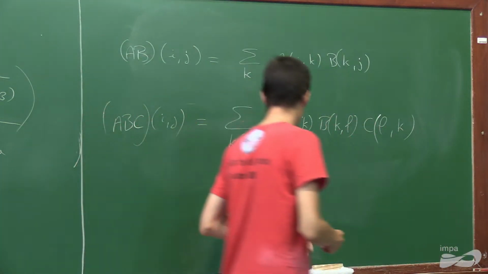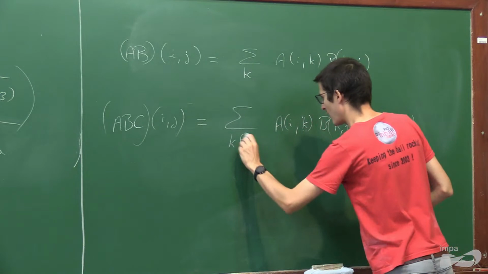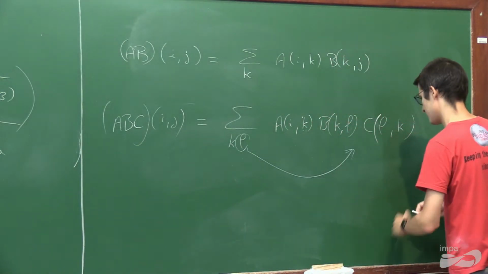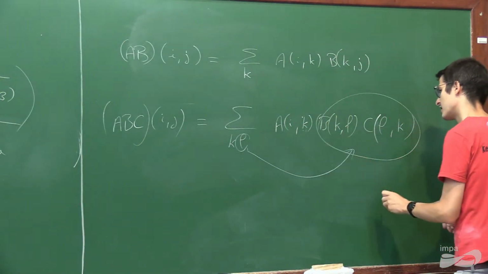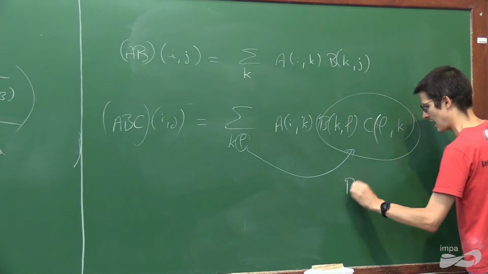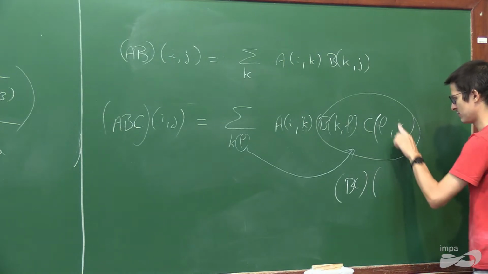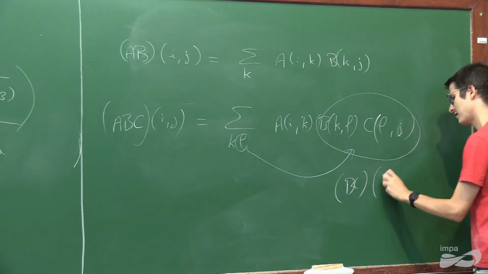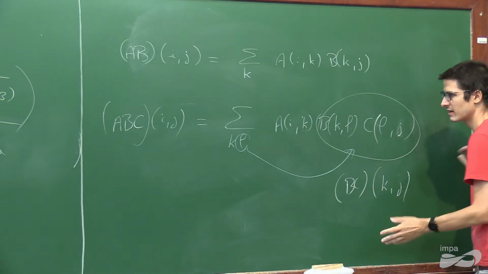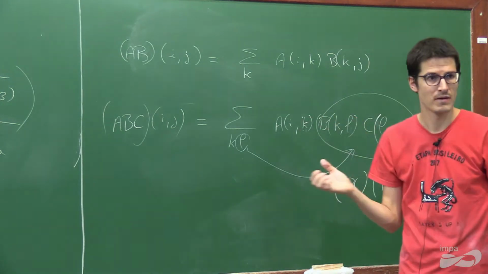Because this sum over l here gives you BC of kj, and then you have a product of 2 matrices.